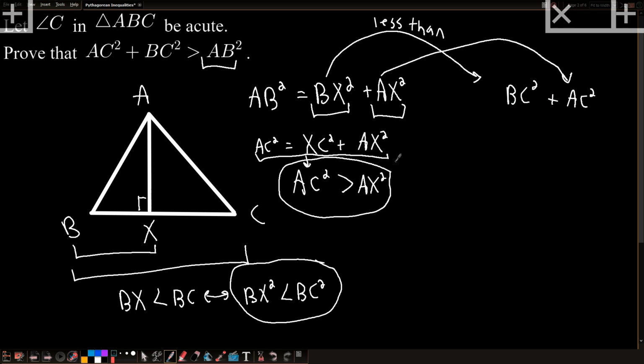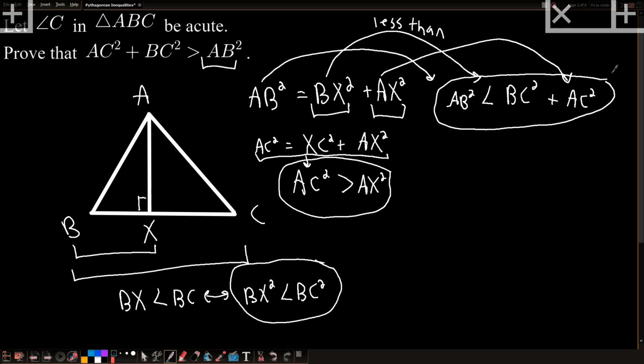If we add those two together, that implies that AB squared has to be less than the sum of the two. So that completes our proof.